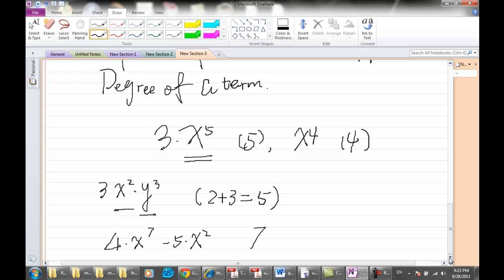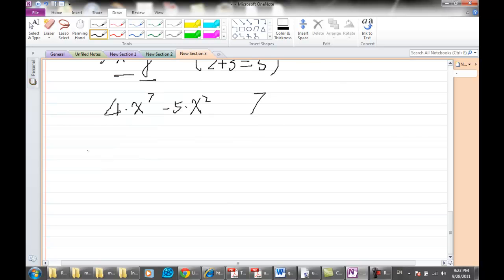In order to get this result, we have to introduce a new principle: the degree of a polynomial is the degree of the term which has the highest degree among the terms in it. So in this case, the highest degree of the term is 7, so that is also the degree of the whole polynomial.